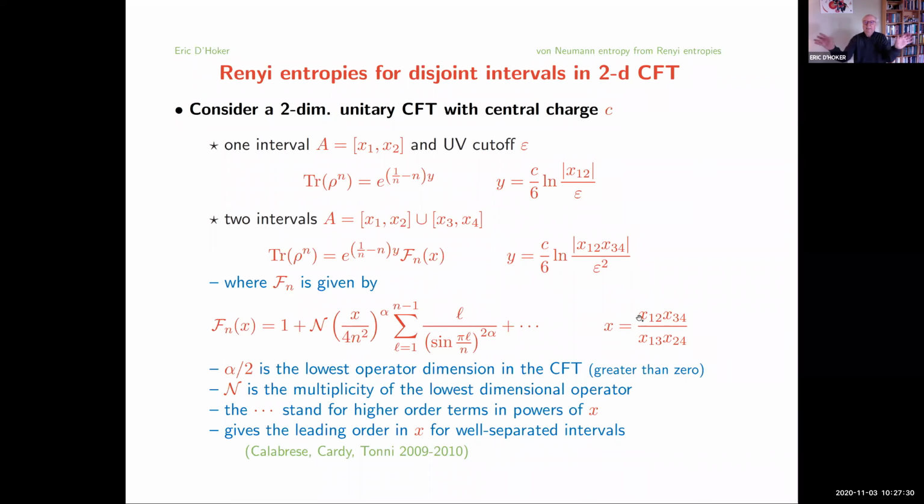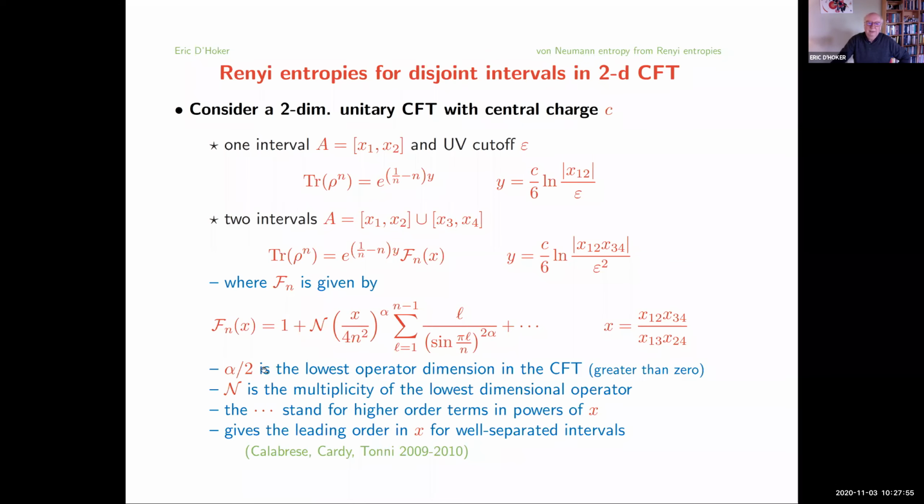So in this limit, you can in fact evaluate what fn is, and I wrote the expression here. It depends on x, it depends on the index n for the Renyi entropy, and then it also depends on a number alpha and a number N.